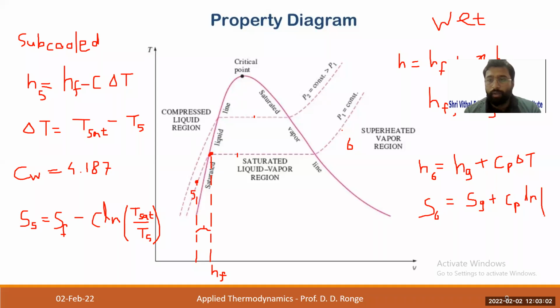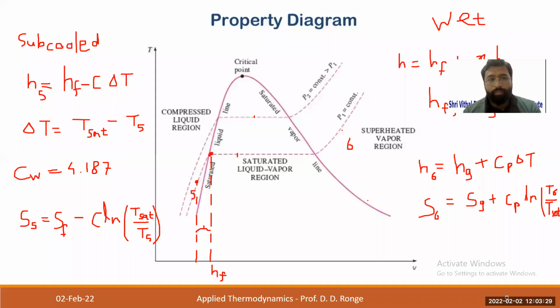Here T2 will be T6 divided by T sat, the saturation temperature. I hope it is visible because I'm going in the extreme right corner. Okay, so this way you can calculate the properties.